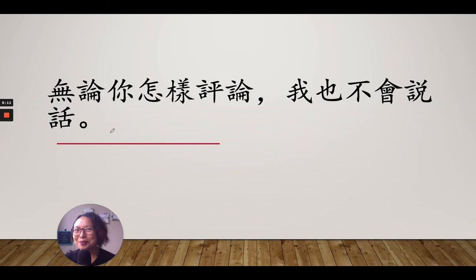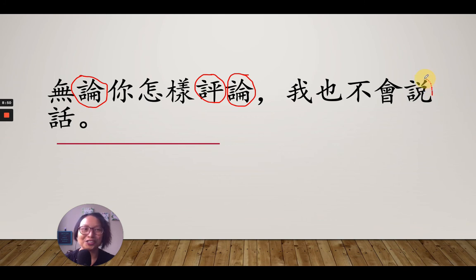We don't know what people are talking about and we don't know what we are commenting on, but let's see if you can find all the words with the 言字邊. Can you find them? We start with the second word, 論, 無論, no matter. Then let's keep going. And we have 評 and 論 again. So we've got 3 words. Any more?